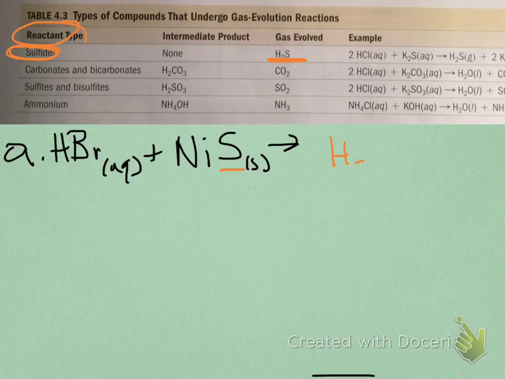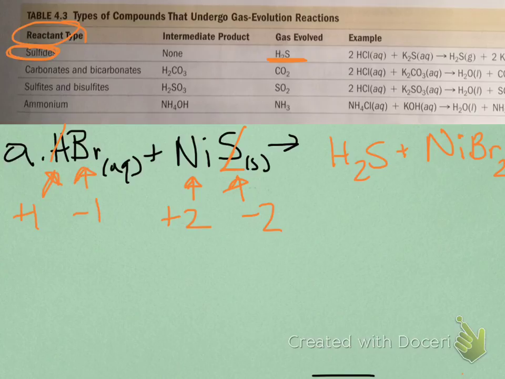Okay, so if H2S is going to be a product, that takes care of our sulfur and hydrogen, so we are going to be left with NiBr2. The reason we are left with Br2 is because here the oxidation number for nickel is a +2, as sulfur is a -2. Here the oxidation number for hydrogen is +1 and bromine is -1.